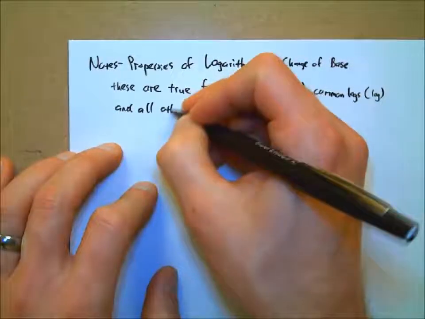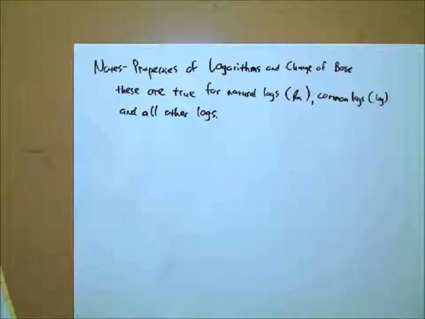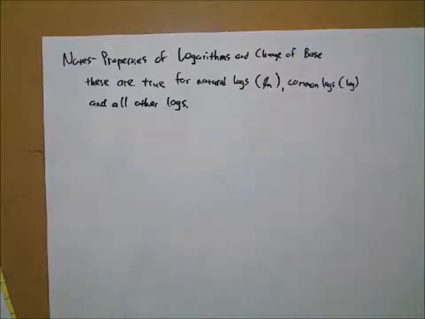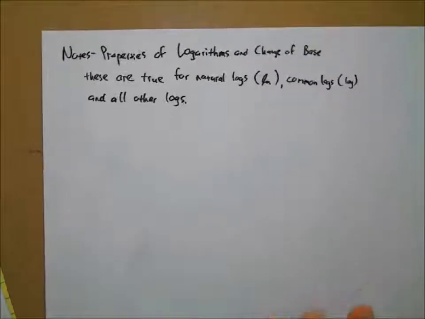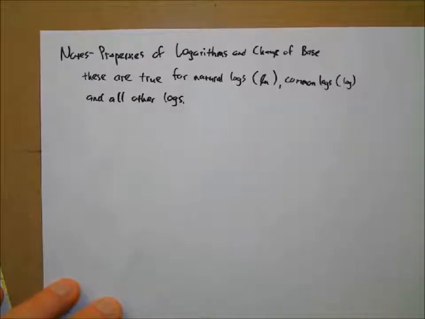Sometimes students get a little confused when they see natural log or just common log, log by itself, because they don't see the base and they're like, whoa, is this a weird or different thing? No, a logarithm is a logarithm. And so we'll use these properties for all of them.